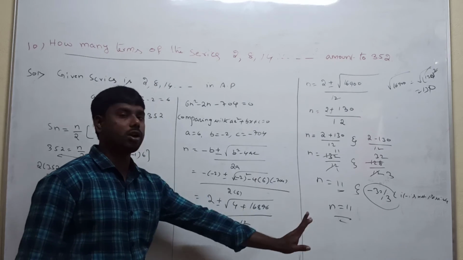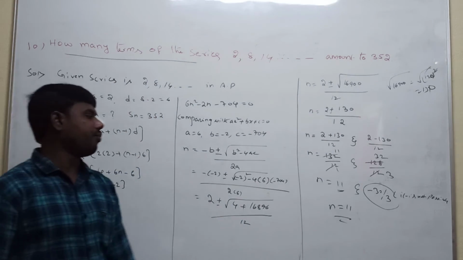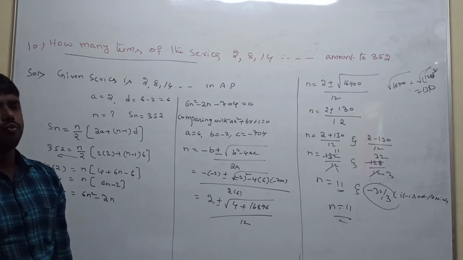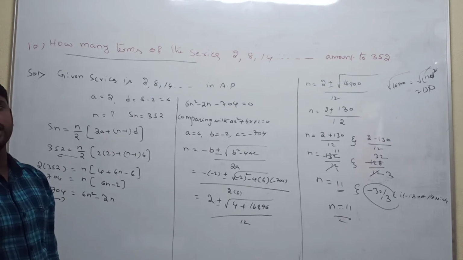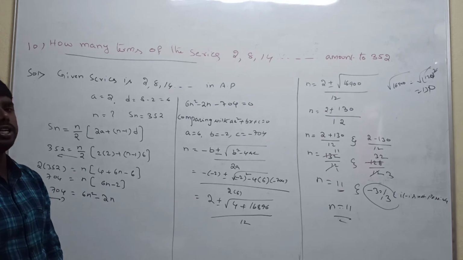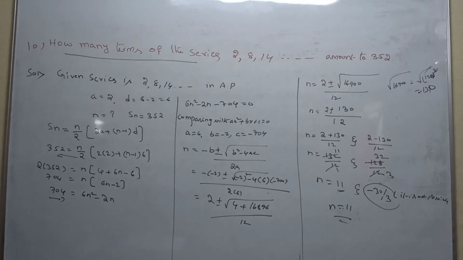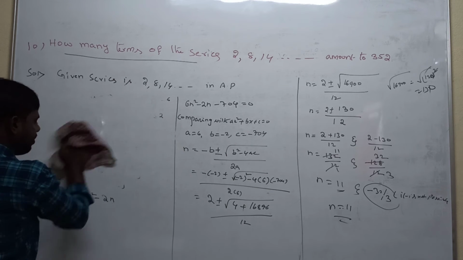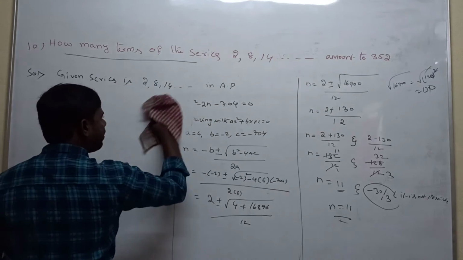So n is equal to 11 is the only possibility. The sum of the 11th term value is 352. It is clear: whenever we get a rational number, it is not possible for the sum of the nth term value. Next, the fourth question or 11th question. Very easy. Any doubt, please ask me.